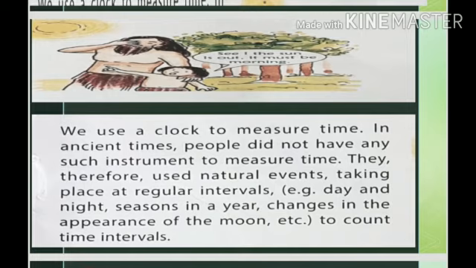We use a clock to measure time, dear student. In ancient times, people did not have any such instrument to measure time. They therefore used natural events taking place at regular intervals, for example, day and night, seasons in a year, changes in appearance of the moon, and so on, to count time intervals.